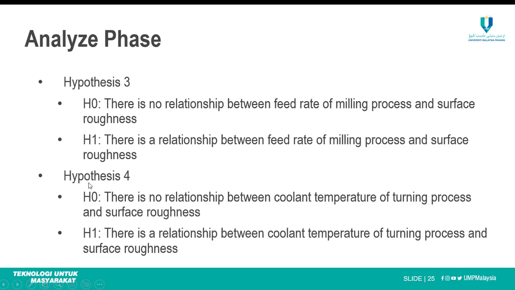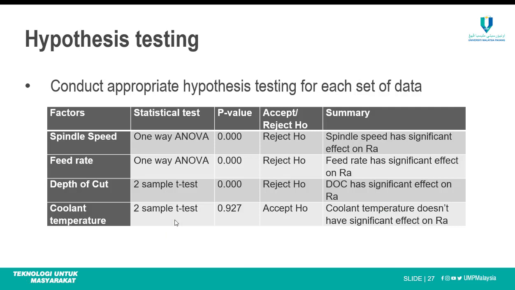We accept the null hypothesis for hypothesis number 4: no relationship between coolant temperature and surface roughness. So the remaining parameters are only spindle speed, feed rate, and depth of cut.